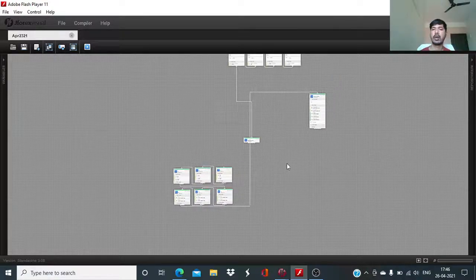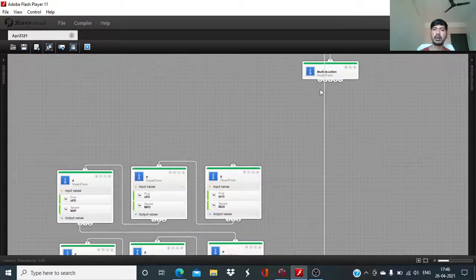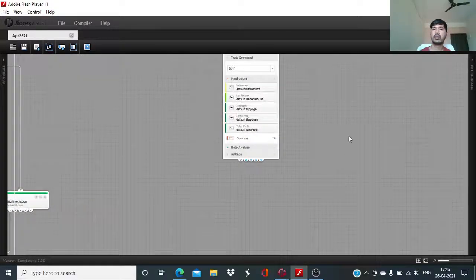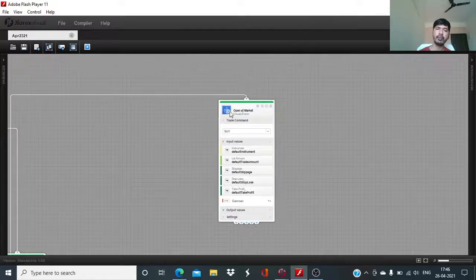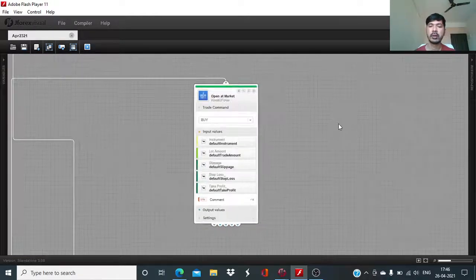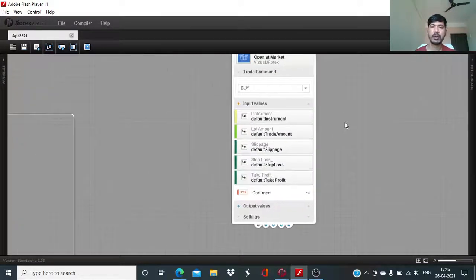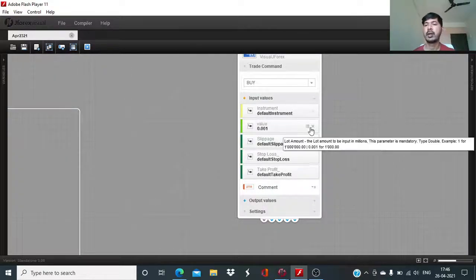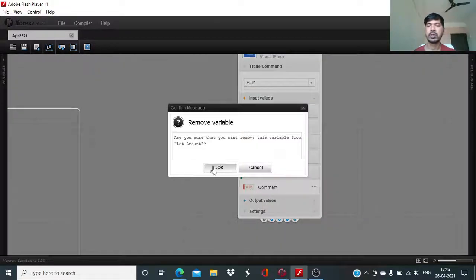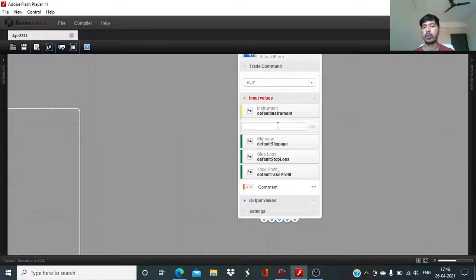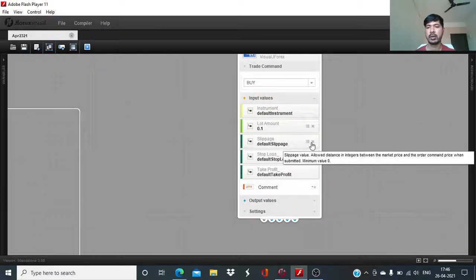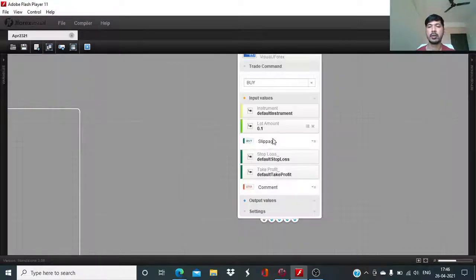And now we have to turn our attention to this open market block. Default instrument will remain as it is. Trade amount I will change to 0.1 million. Slippage, I think slippage of 2 pips is good enough.